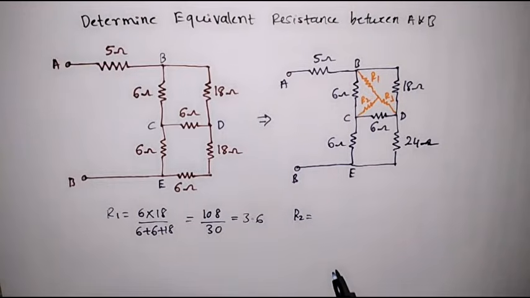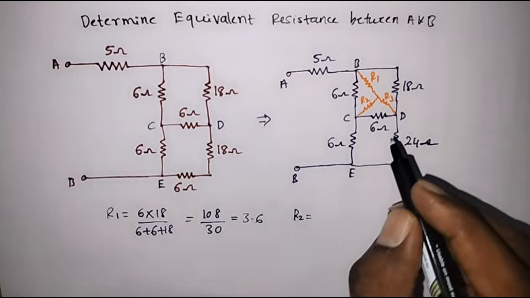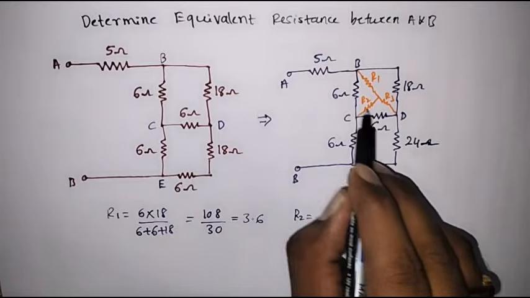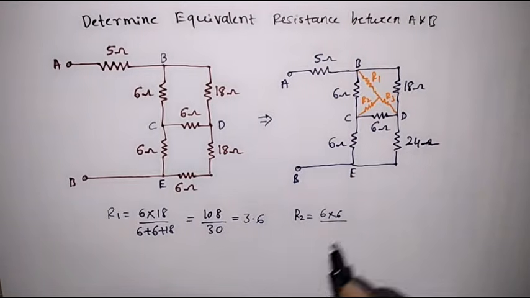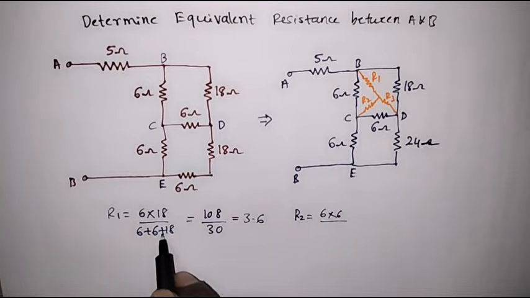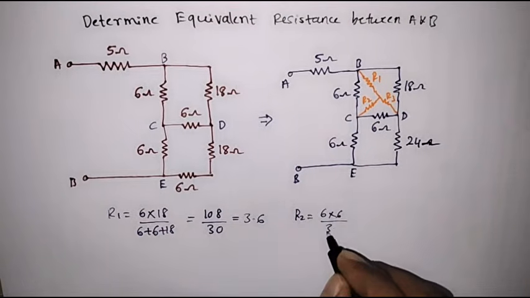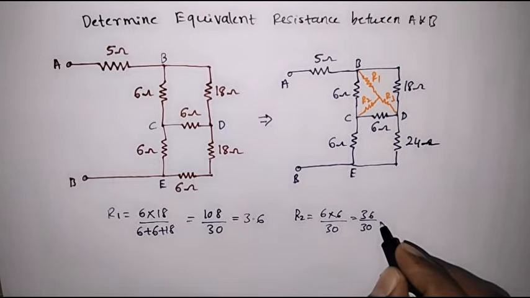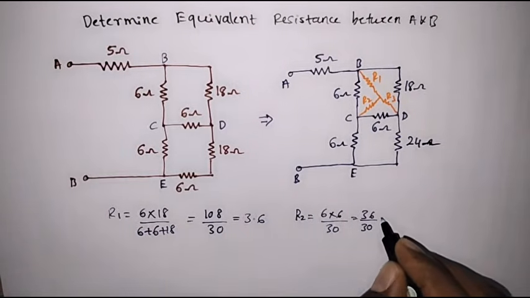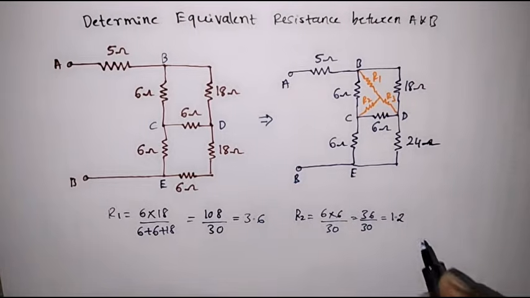Calculate the R2 value. R2 is equal to the product of the two resistors adjacent to R2, that is 6 into 6 divided by 6 plus 6 plus 18, which is nothing but 30, that is 36 by 30, which is equal to 1.2 ohm.